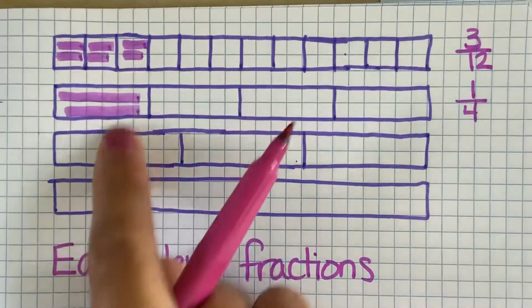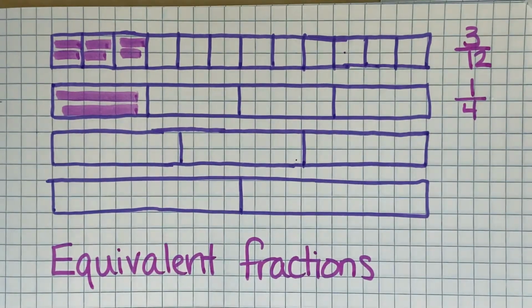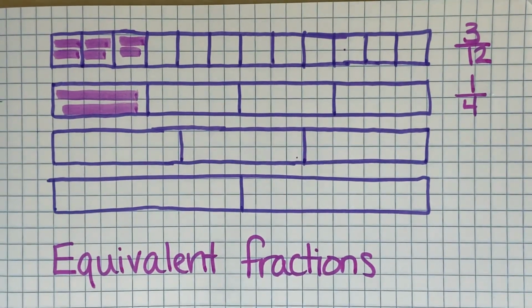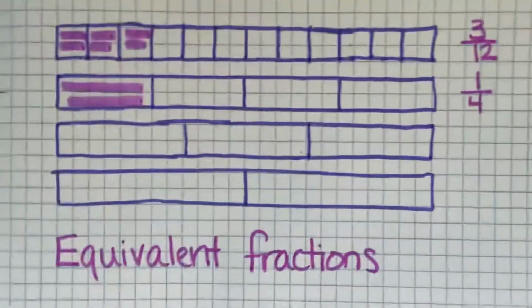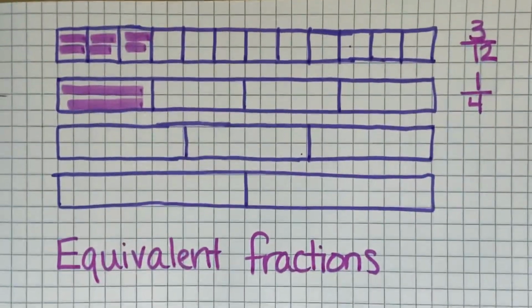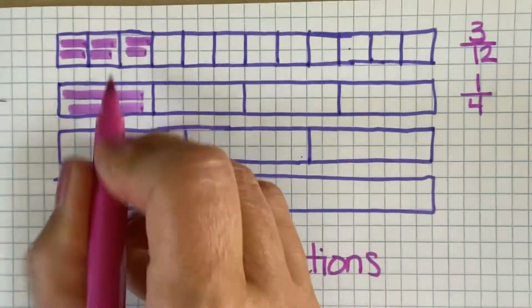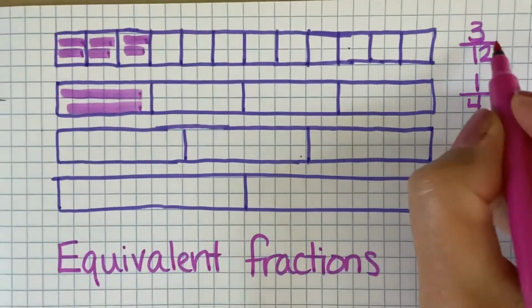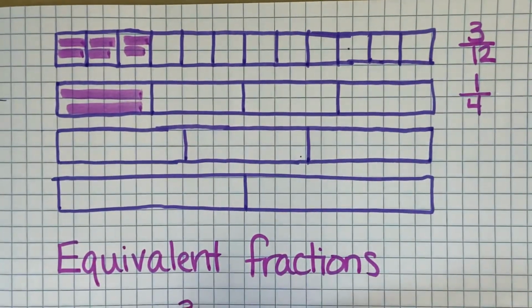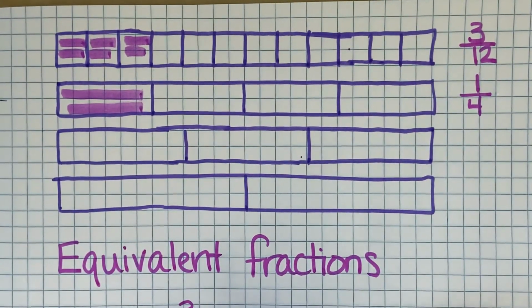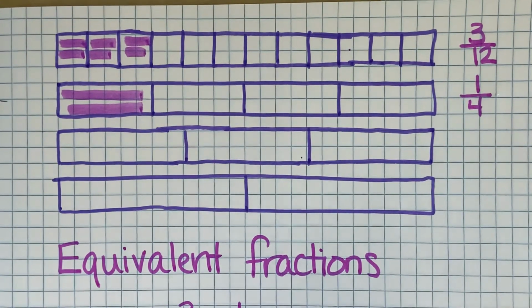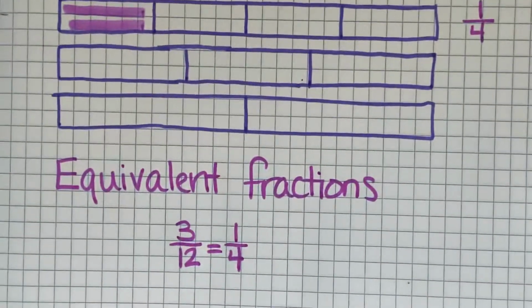These are all the same size, and if I'm looking for equal fractions, there are just different ways that I'm going to split it up. I just made a chart with 12s. So what you would notice is that 3/12 is equal to 1/4, and that's how you would do it with the picture.